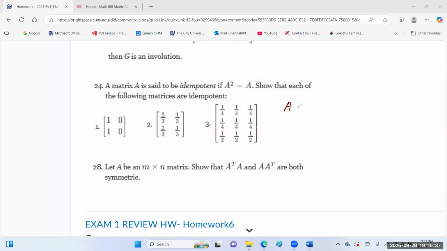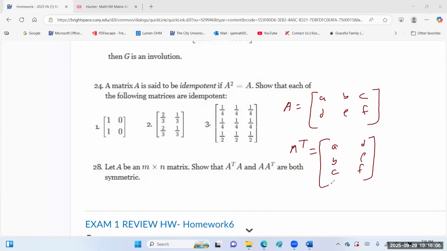So let's say I have a matrix A, B, C, D, E, F. Then what would be its transpose? You are writing A, B, C here row wise. You have to write column wise. So it would be A, D, B, E, C, F. This is the transpose.